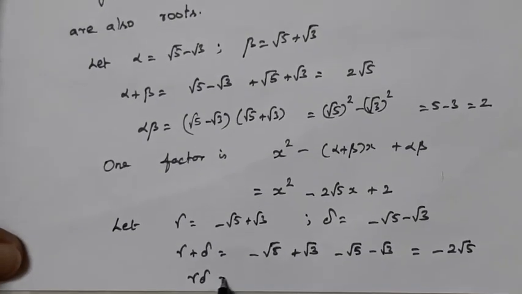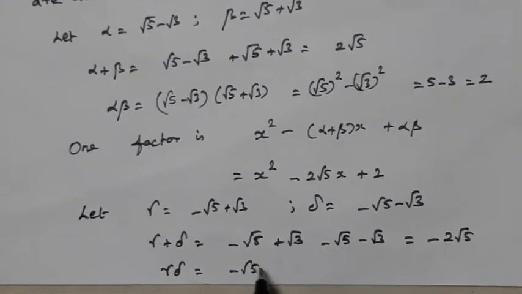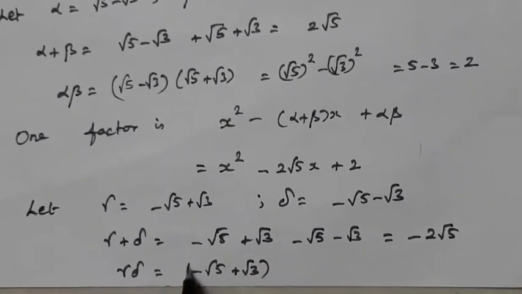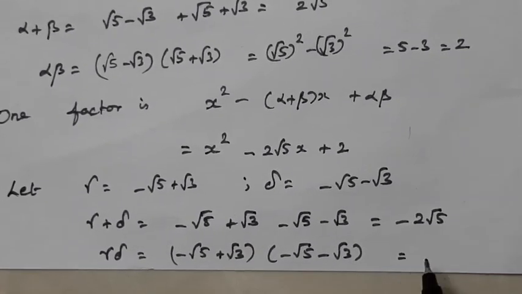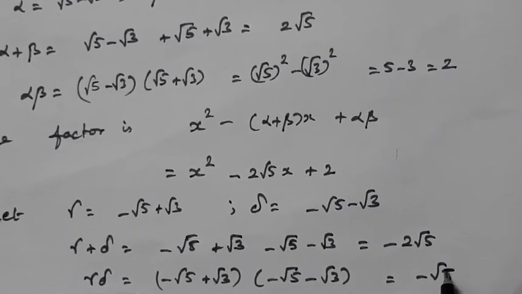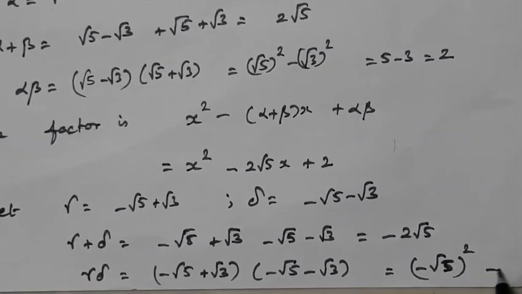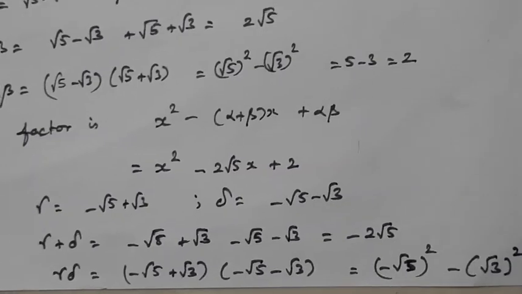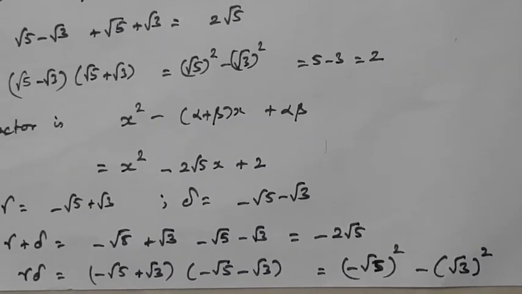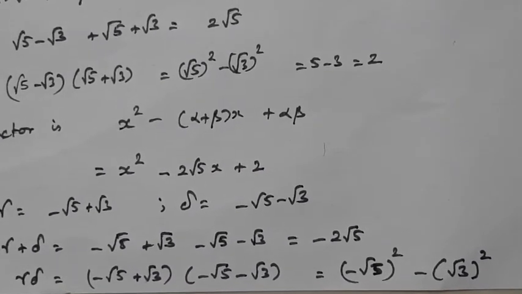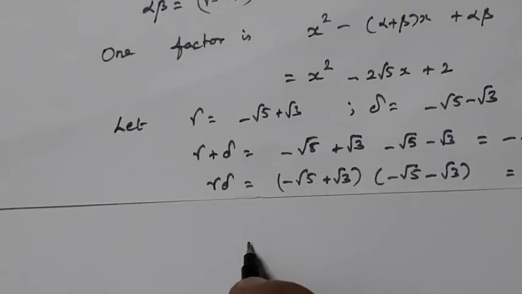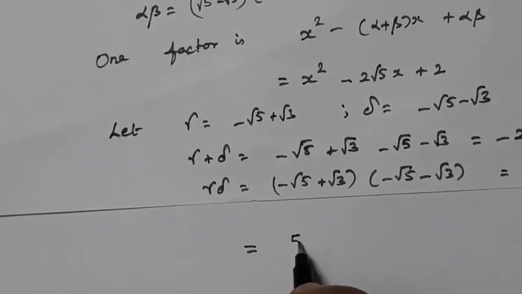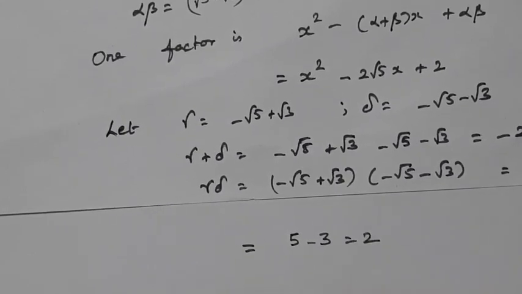And gamma delta, the product, is minus root 5 plus root 3 into minus root 5 minus root 3. So minus root 5 the whole squared minus root 3 the whole squared. So that is equal to 5 minus 3, which is equal to 2.